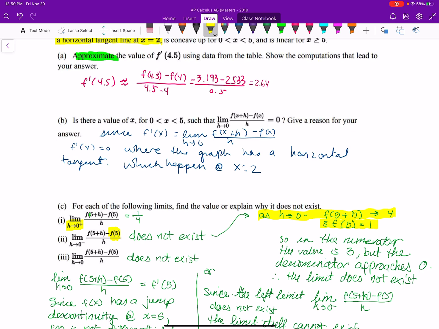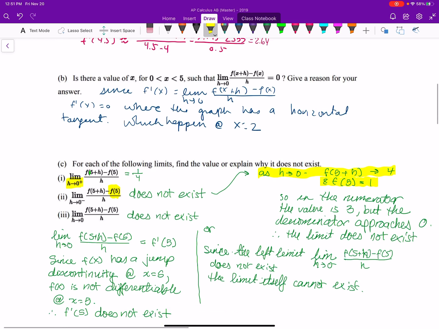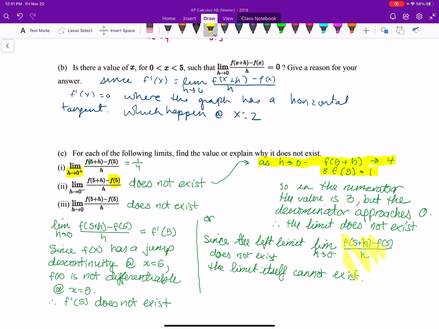For number 3, it doesn't exist for multiple reasons. One way you could say it: since one of the limits, in this case the left-handed limit, doesn't exist, the limit at 0 would not exist, because it has to approach the same value and exist on both sides, the left and the right. That's this one I put over here on the right-hand side.